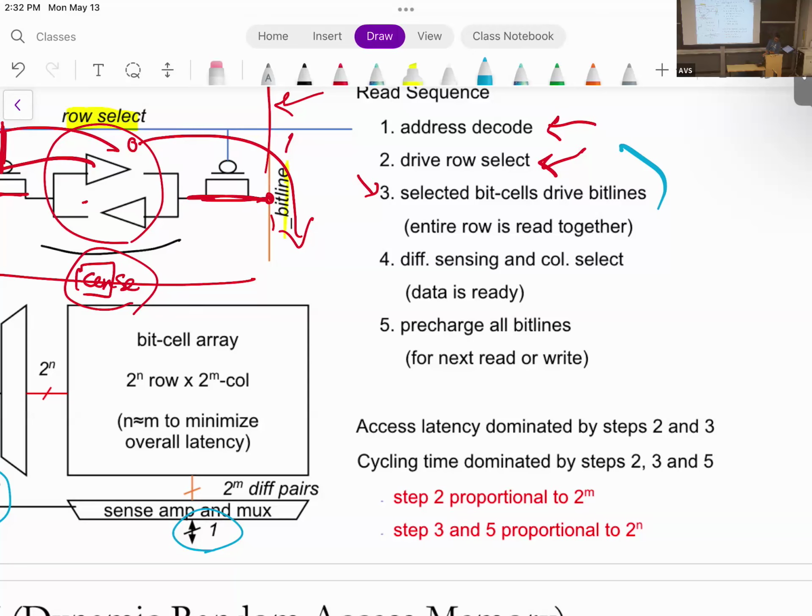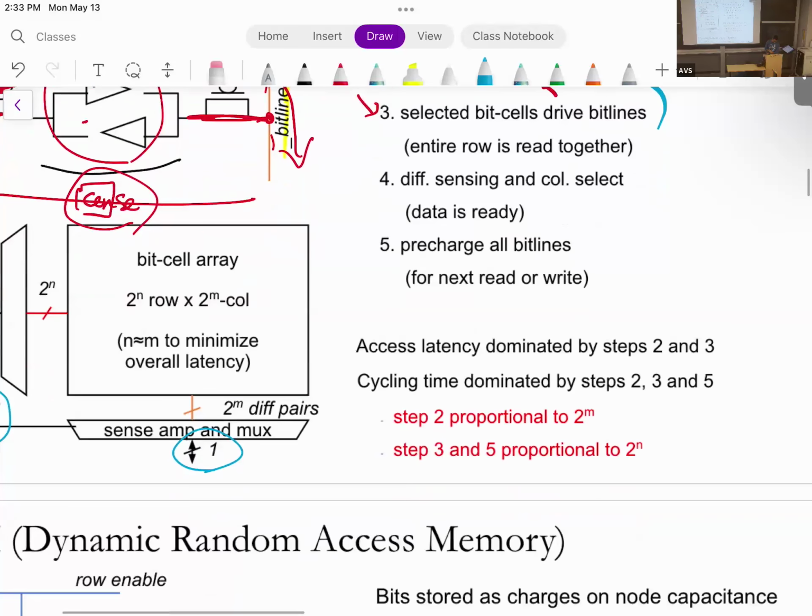And you always need to do 5 because you make it prepared for the next time. If you don't do 5, then next time the first thing you need to do is 5. So it doesn't matter whether you do it now or at the beginning of the next one.